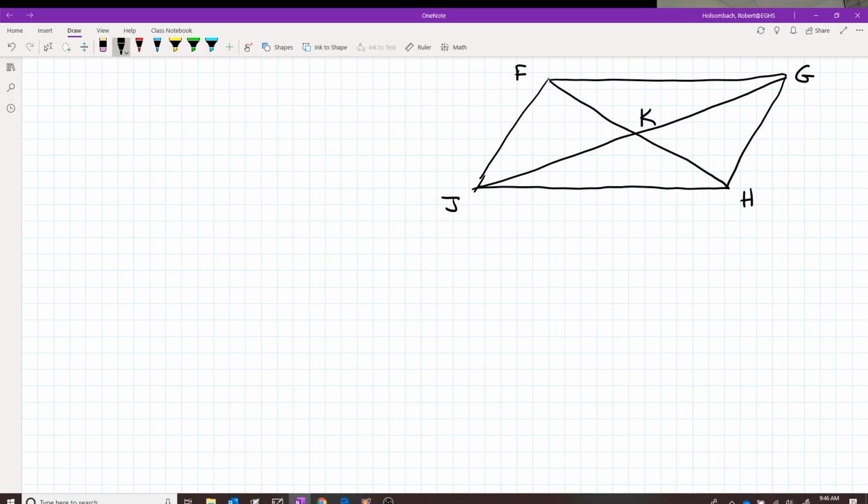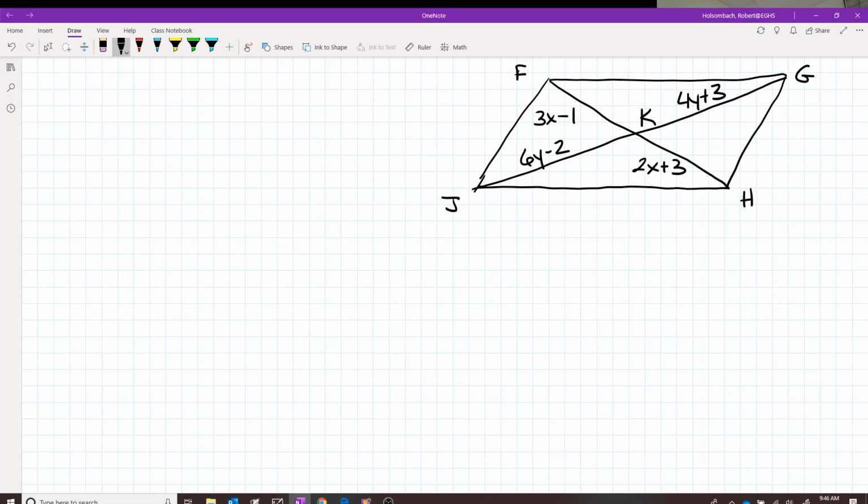And you're told that F to K is 3x minus 1, K to G, 4y plus 3, J to K, 6y minus 2, K to H is 2x plus 3.